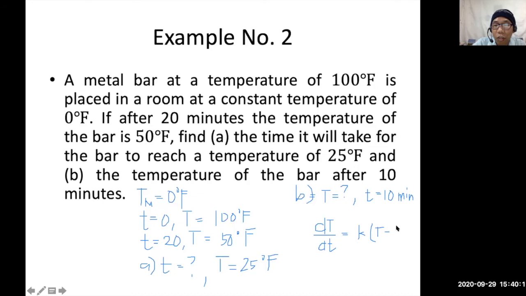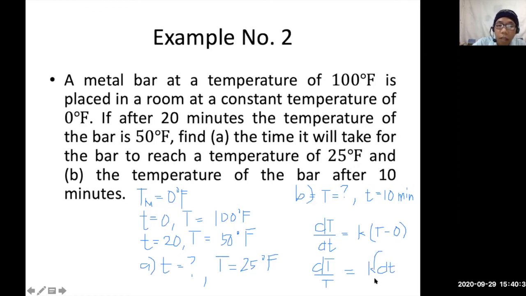The constant temperature is 0. So we can now separate the variables here. We have dT over T equal to k times dt.